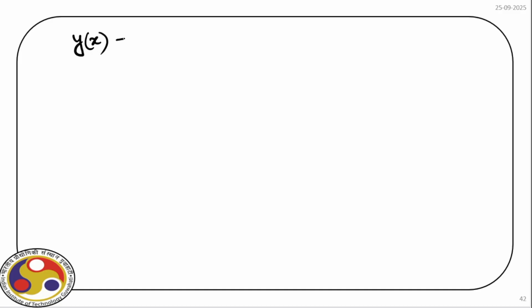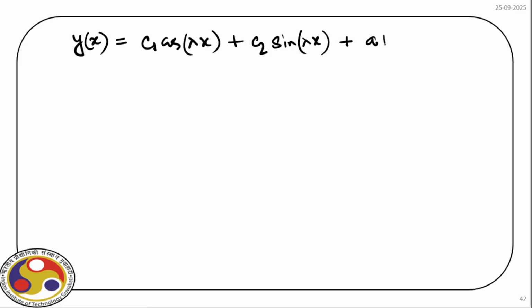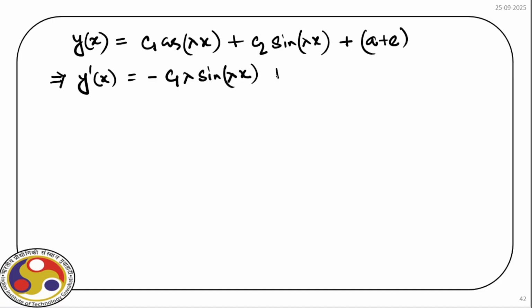So the deformed shape y of x is C1 cos lambda x plus C2 sin lambda x plus A plus E. So y prime of x is equal to minus C1 lambda sin lambda x plus C2 lambda cos lambda x.